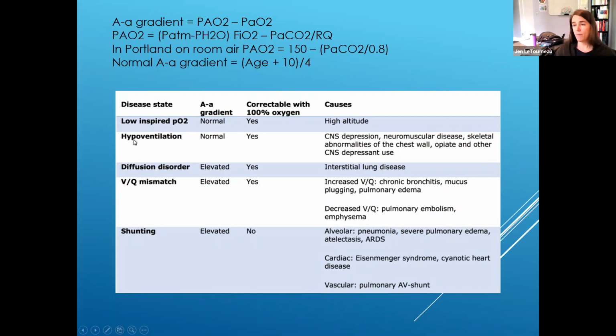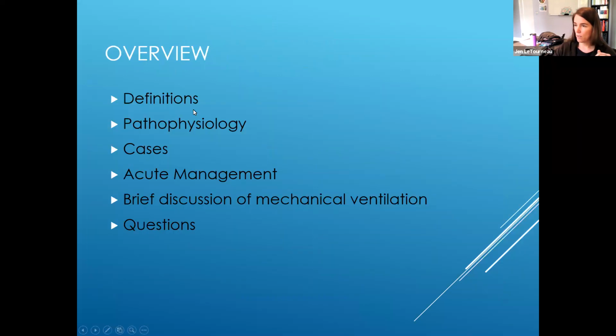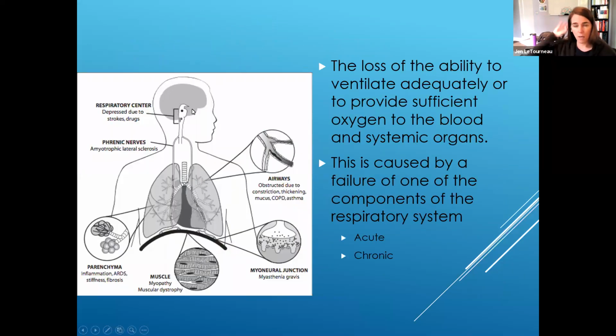So when people are hypoventilating, what you want to think about is, when we go back up to the respiratory system, when you are awake, your drive to breathe is the reticular activating system. When you're asleep, it's the medulla oblongata. So you have to think about, as far as your differential goes, what could be going wrong in the brain with hypoventilation?